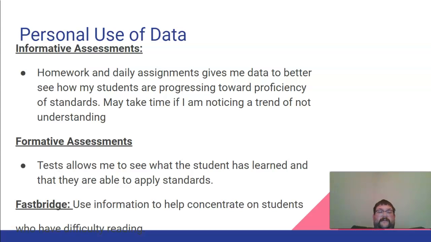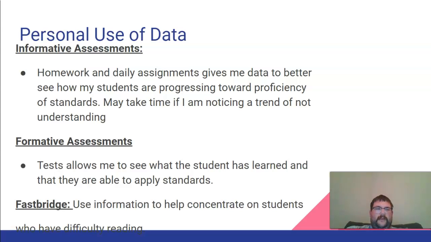For formative assessments, it allows me to see how students have learned what they've learned and how they apply certain standards. With this one, you have to be careful of how you gather this information, because a lot of times, you have the possibility of cheating and everything else.